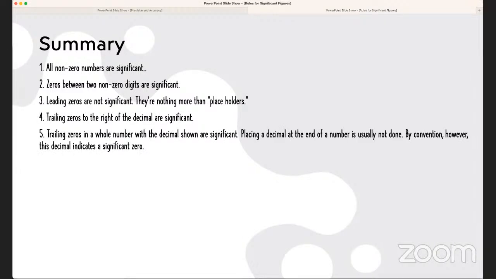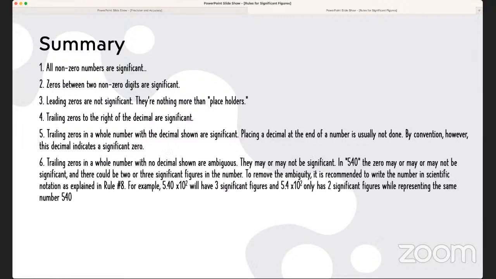Trailing zeros in a whole number with a decimal shown are significant. But when there is no decimal in a whole number, trailing zeros are ambiguous because they may be significant and they may not be in certain situations. To remove the ambiguity, it's recommended that you write the number in scientific notation.